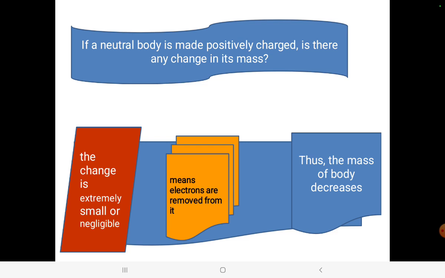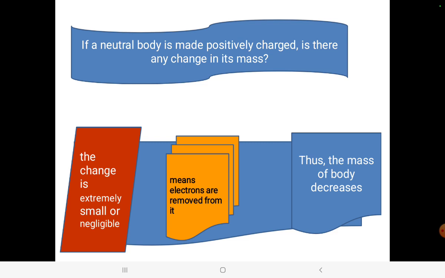Of course, it may lose 1 coulomb of charge, meaning it may lose 625 into 10 power 16 electrons. That is a loss of high charge, a loss of much scalar quantity, and of course a loss of some mass.